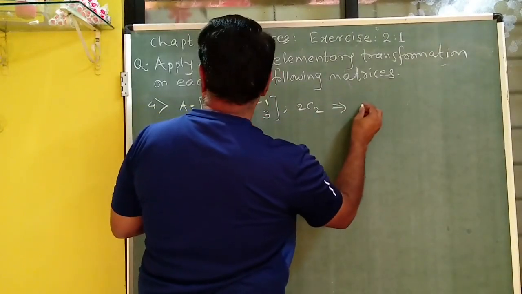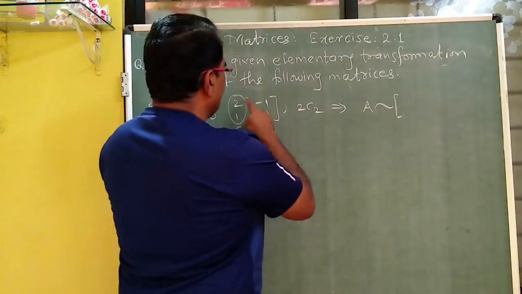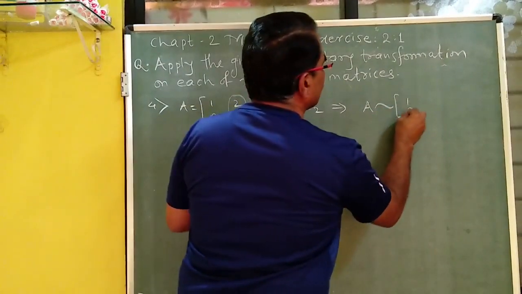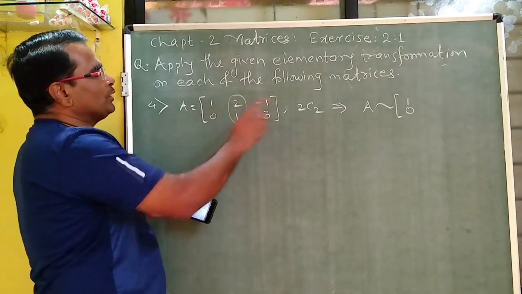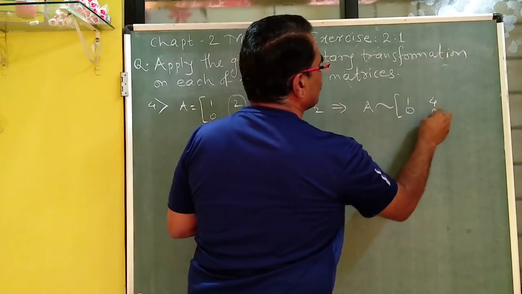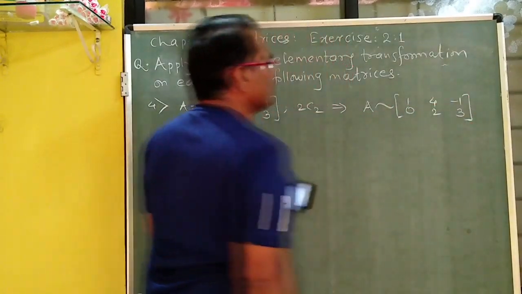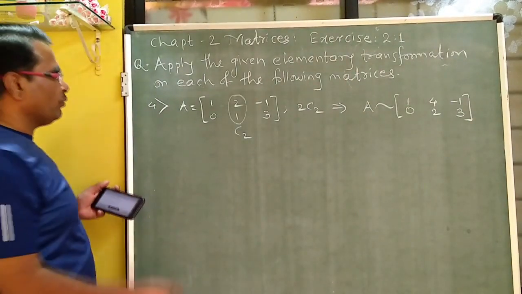So therefore the solution will be A becomes equivalent to, the first column and third column remain as they are. So first column 1 0 as it is. Now here we have to multiply by 2, so you will get 4 2, and the third column also as it is. In this way you will get the resultant for 4.